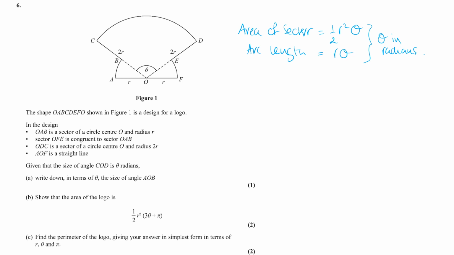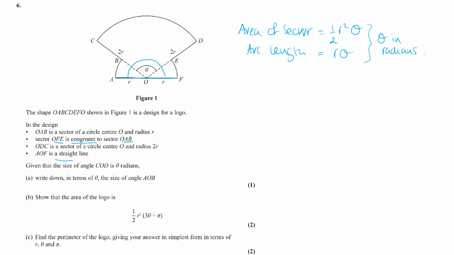So we've got this diagram of the logo. It's telling us we've got this larger sector, two smaller sectors, and the two smaller sectors are congruent. So congruent means they are the same shape. And we're also told that AOF is a straight line. So angles on a straight line are going to be 180 degrees, but in terms of radians, that's pi.